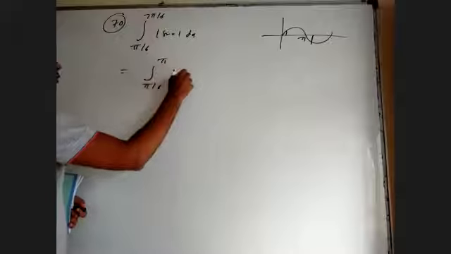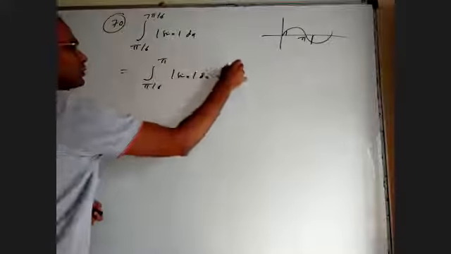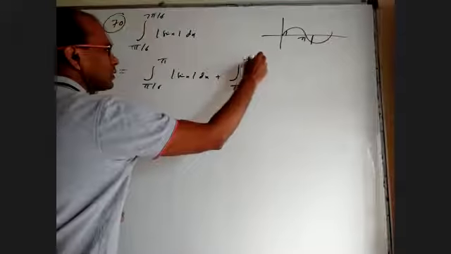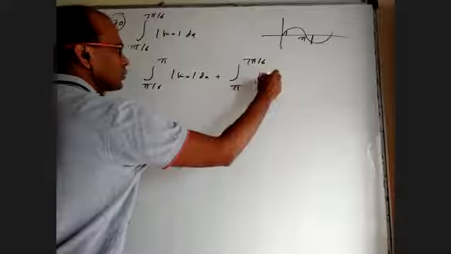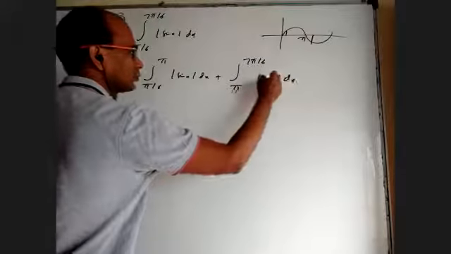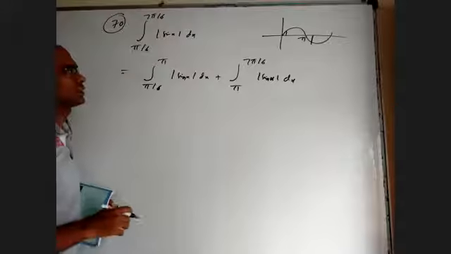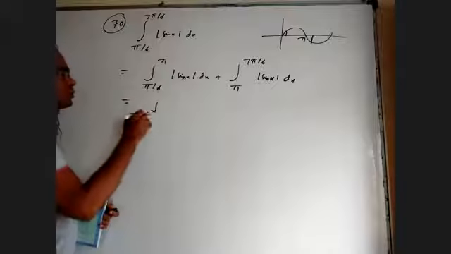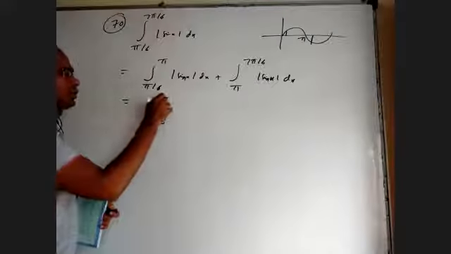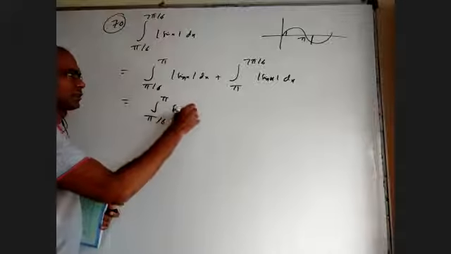So integral pi by 6 to pi mod sin x dx plus integral pi to 7 pi by 6 mod sin x dx. Between pi by 6 to pi, that is up to 180, sin is positive, so I can remove this mod. So integral pi by 6 to pi sin x dx.